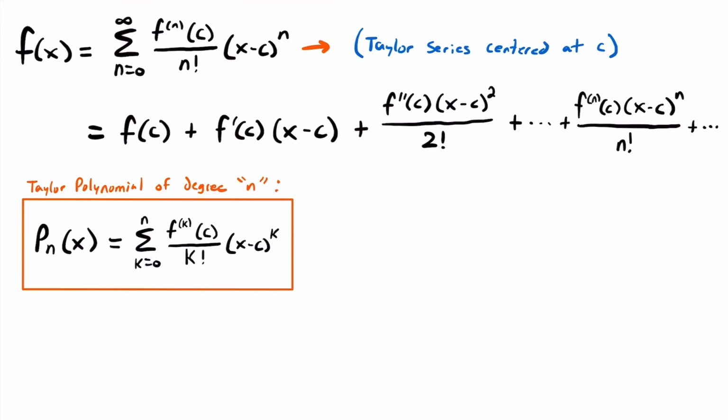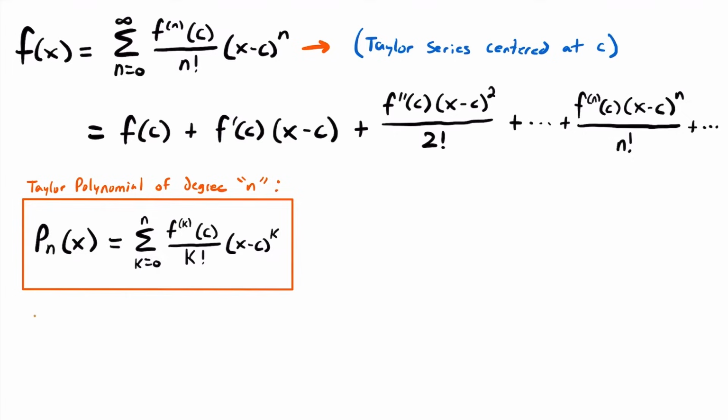And of course, like I said earlier, the higher the degree of the Taylor polynomial, the better that approximation will be. But since we cut it off at a certain point, we're not going to get an exact value. We will get an approximation, and that approximation is going to be off by some value that we call the error, or sometimes you will hear it called the remainder.